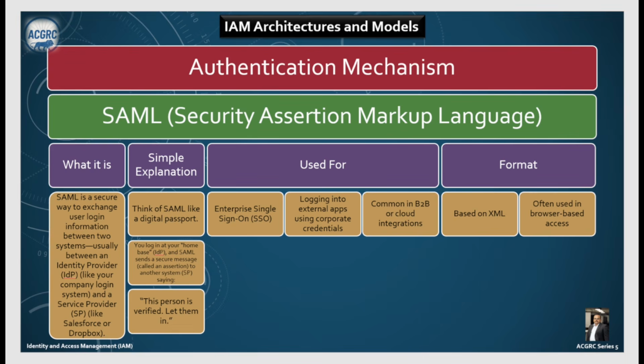You log in at your home base and SAML sends a secure message to another system saying this person is verified, let them in. It's used for single sign on, logging into external apps using corporate credentials, common in B2B or cloud integration.